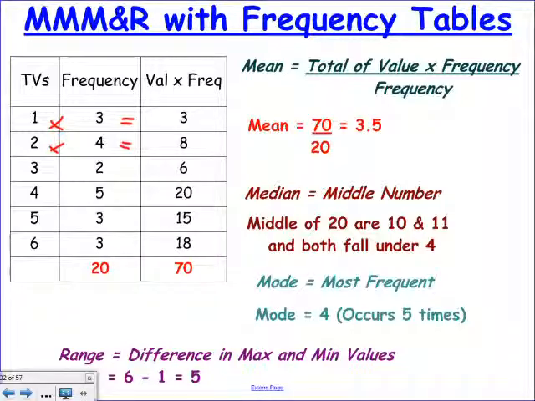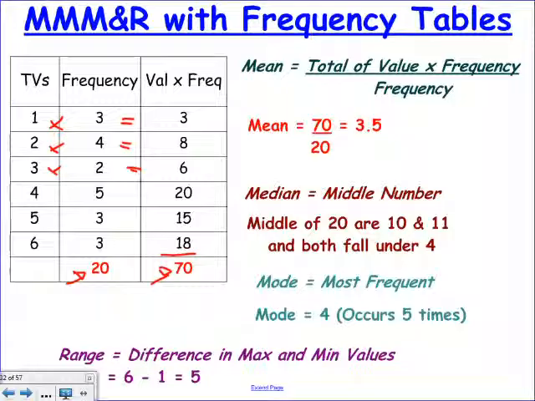Yeah, the total number of tellies. Okay, so that's all this is doing. So this column here is adding up your value times your frequency to tell you how many tellies we've got. Yeah. So when I add this up, these 20 people own 70 tellies amongst them.